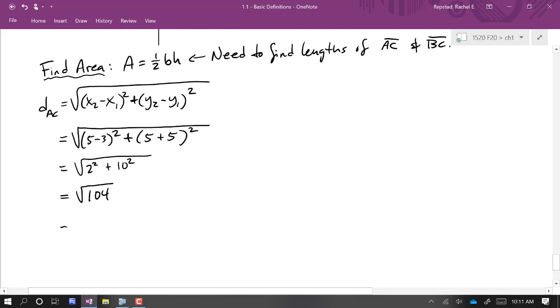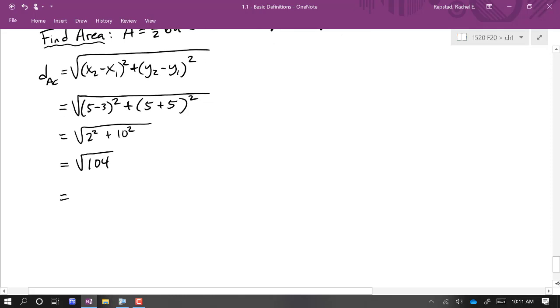And you could approximate this. I'm going to go ahead and just simplify the radical. So maybe we're doing a little bit of review here. If you don't quite remember how to simplify a radical, maybe it's been a little while since you've done it, what we're going to do is just factor the number 104. We could take out a 2, and then we get 52.